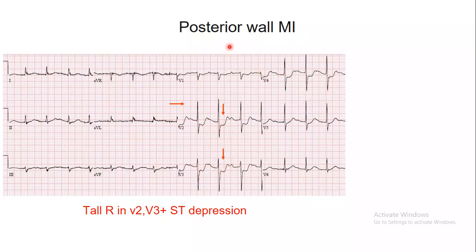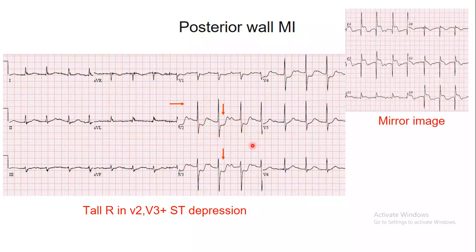This might denote what is called posterior wall myocardial infarction, because the posterior wall is away from the surface ECG. So myocardial infarction in this wall might cause a mirror image on the anterior chest leads.